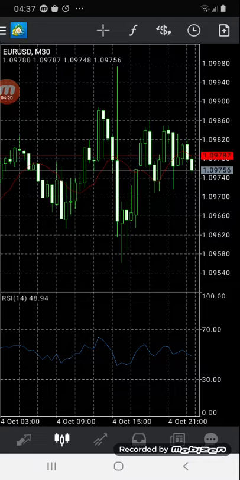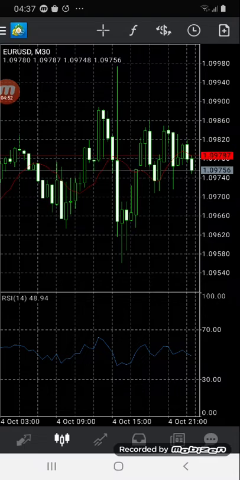Because when a market is in a buy, it means that the prices are rising, so you calculate from the bottom to the top. If it's a sell, it means that the prices are falling, so you need to calculate from the top to the bottom. All right, very important, very simple. It's good to have a video because you can always play it over and over again until you understand.